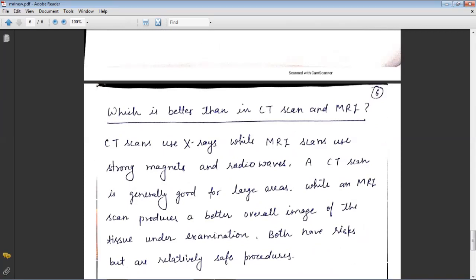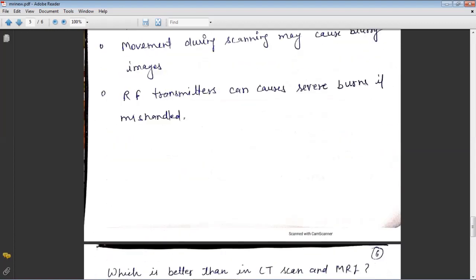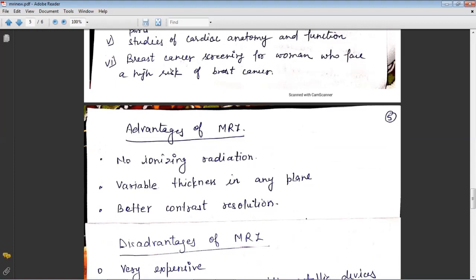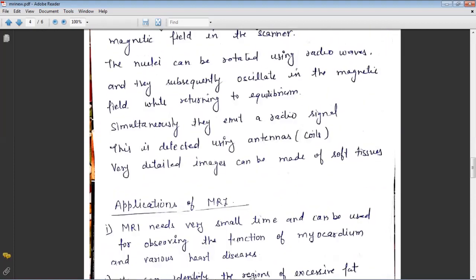So now I complete my lecture related to magnetic resonance spectroscopy, and that is the last topic of the spectroscopy techniques. And now if you have a query, then you can contact me.